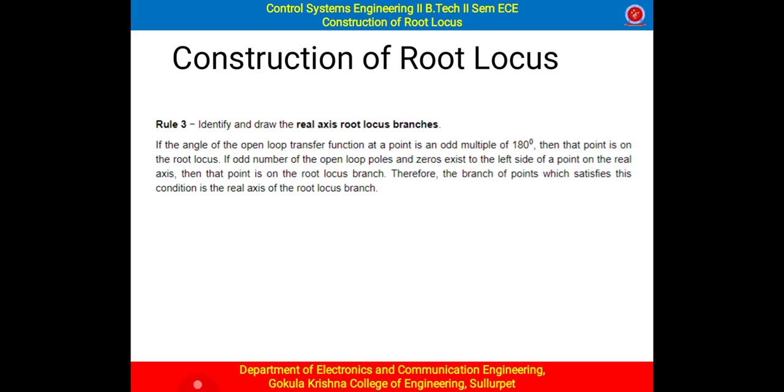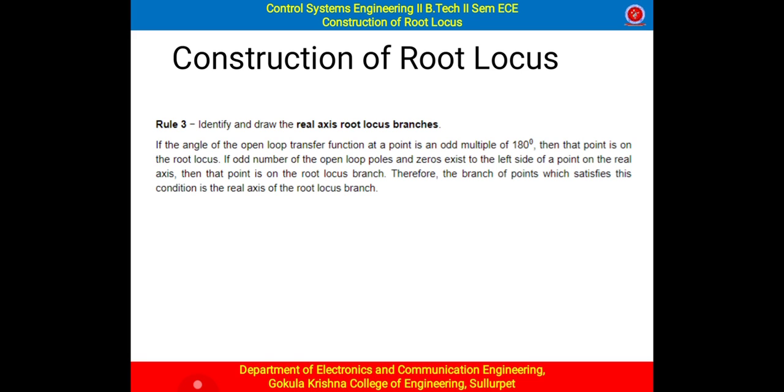For instance, if we have any poles or zeros on the real axis, meaning the imaginary part is 0, then we verify that if an odd number of open loop poles and zeros exist to the left side of a point, that point being any point on the real axis, then that point is on the root locus.